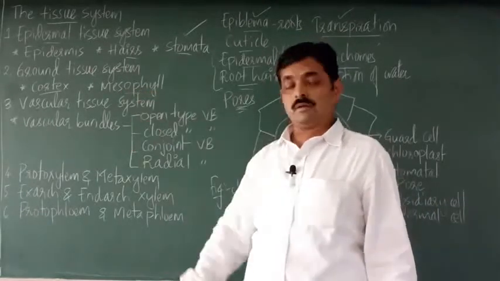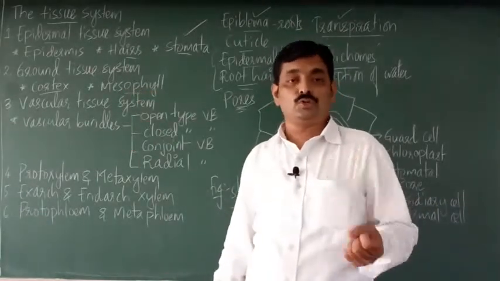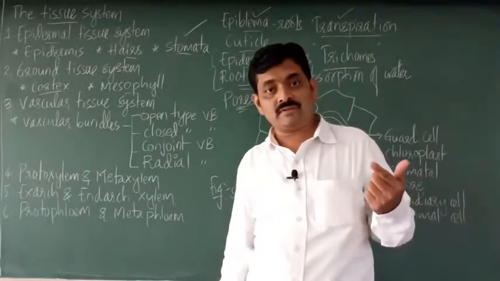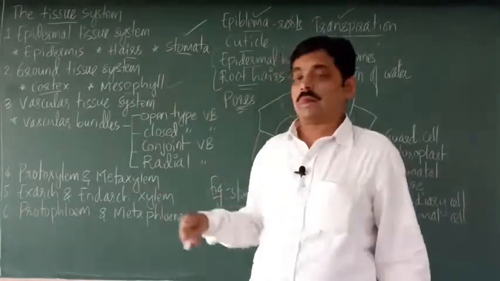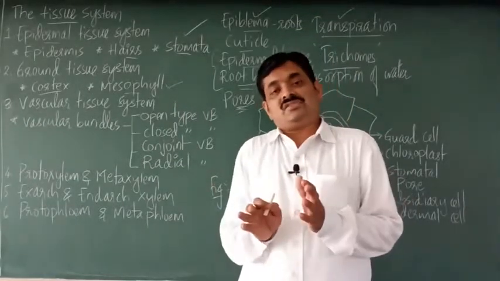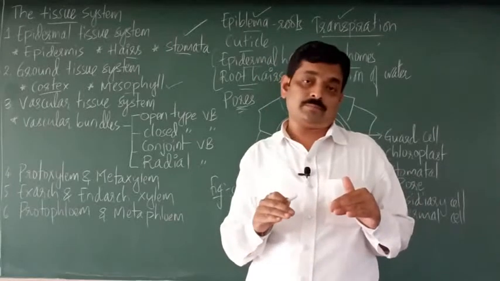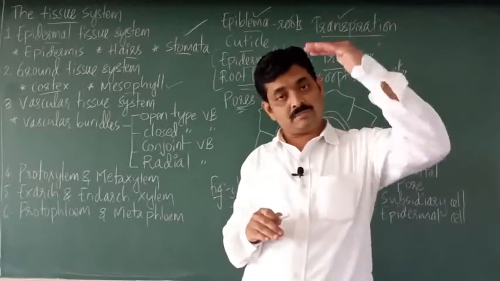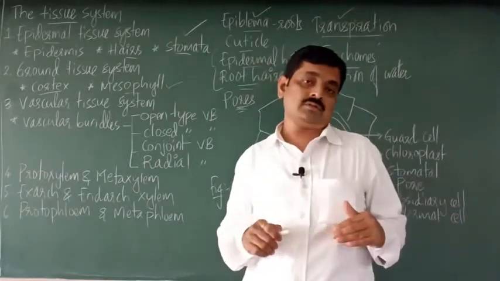Then mesophyll, the ground tissue of leaf. The ground tissue of leaf is called mesophyll. This mesophyll again lies below the epidermis. In leaf, there is upper epidermis and lower epidermis.